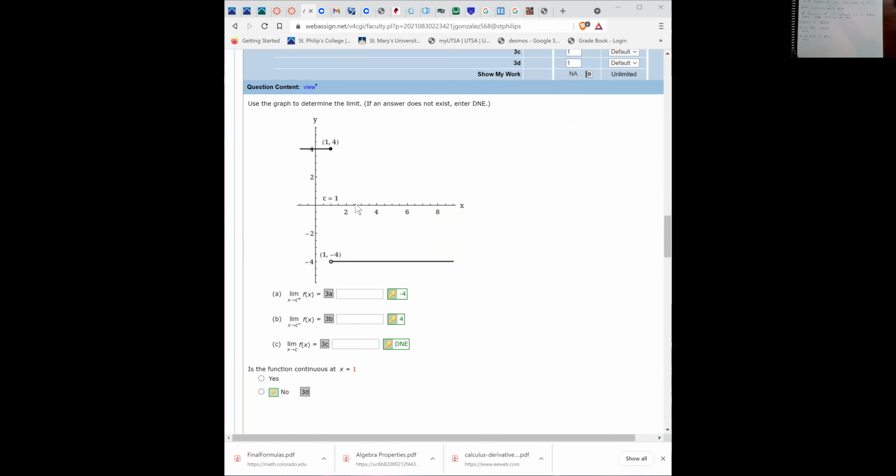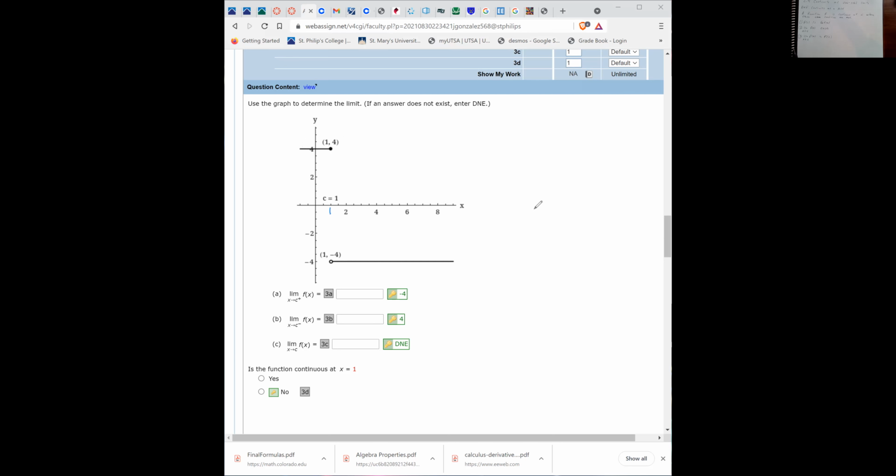Now look at number 3. So this is more theory. Limit from the left. C is 1, so 1's right there somewhere. Make a little note here. So here's 1, right? If I approach 1 from the left, my function is going to 4, right?